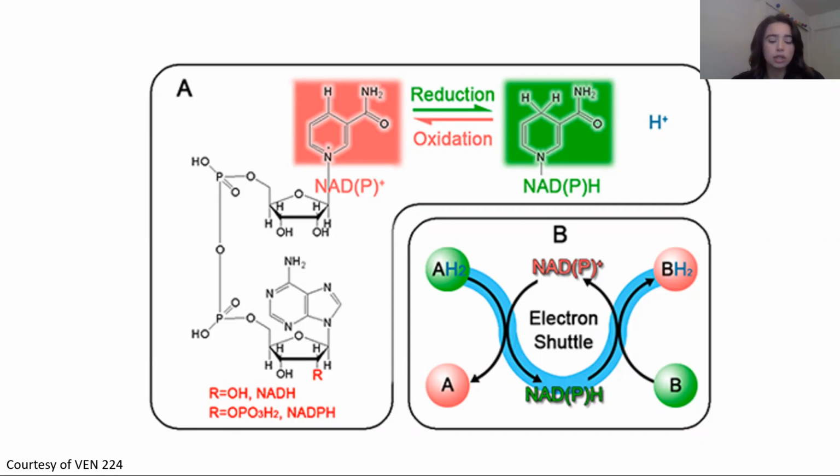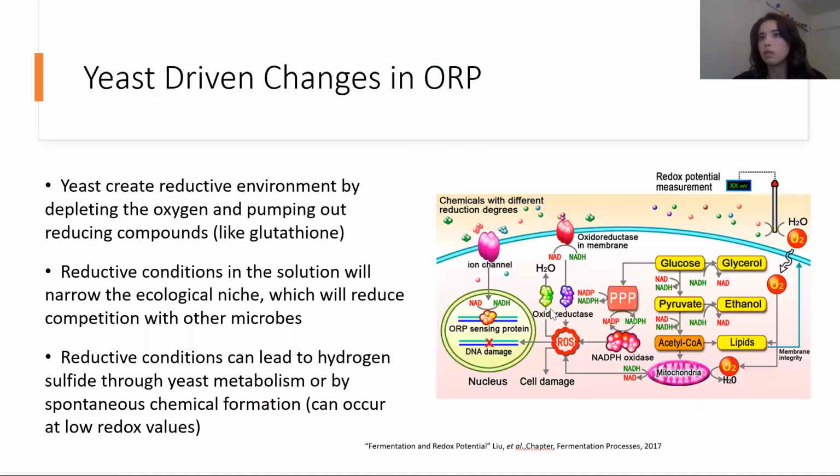So the proton gradient that the yeast create to generate ATP, as well as the compounds that are created as a result of metabolism, affect the solution. So the intracellular redox potential of the yeast will be different than that of the solution. The yeast will create a reductive environment by depleting the oxygen and pumping out reducing compounds like glutathione.